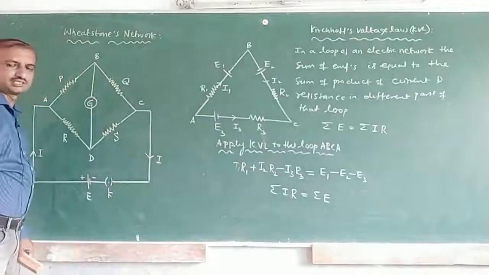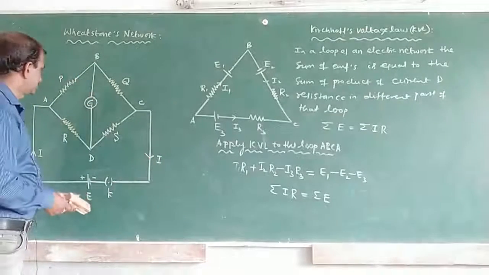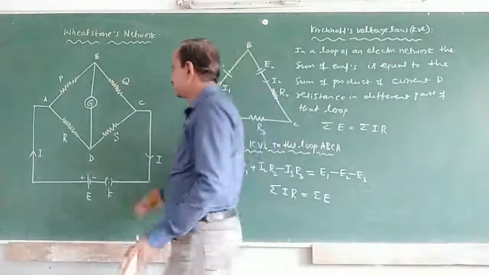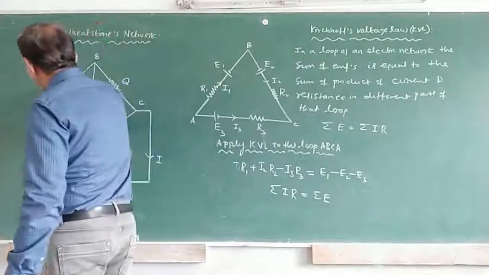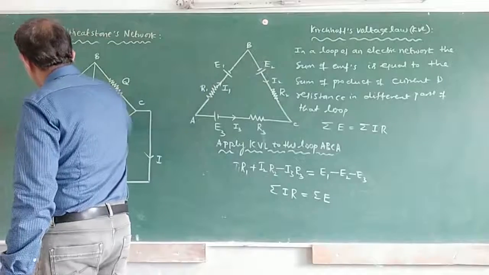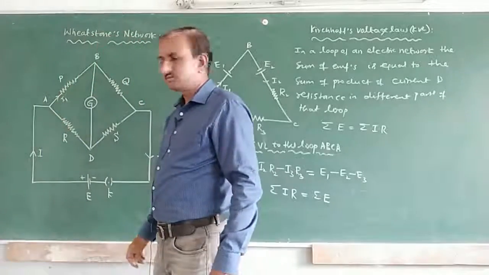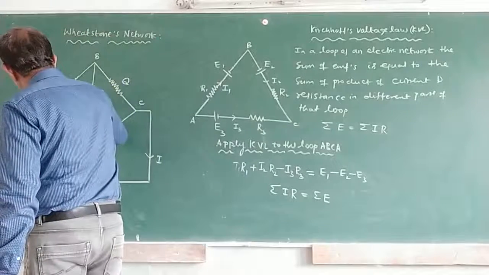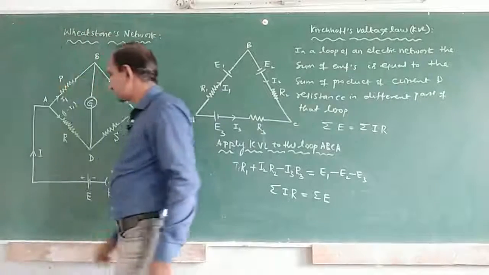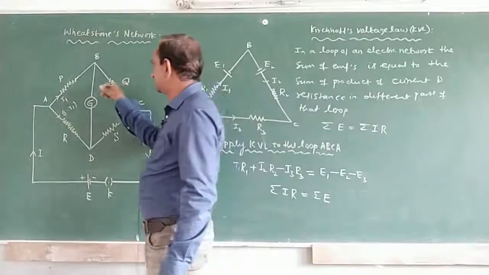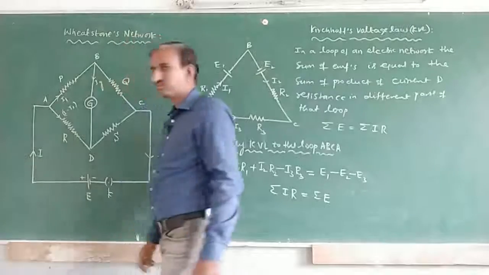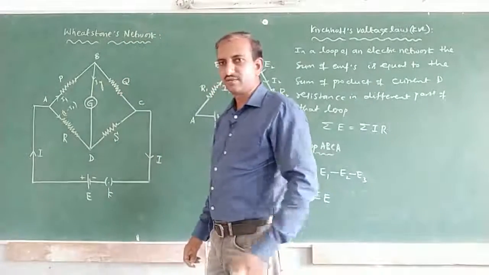Now assign the currents in different parts of the network. Suppose this is the current I1 flowing through the resistor P. This is current I minus I1 through the resistor R. Suppose this is current IG flowing through the galvanometer.